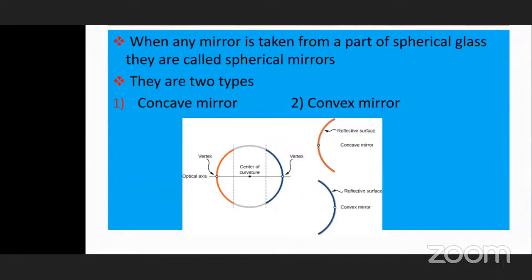Here the convex mirror's bulging side is the reflective surface, and the back side we have to polish, and both have a center of curvature. Whenever you use mirrors, you have to know the primary knowledge about these mirrors.